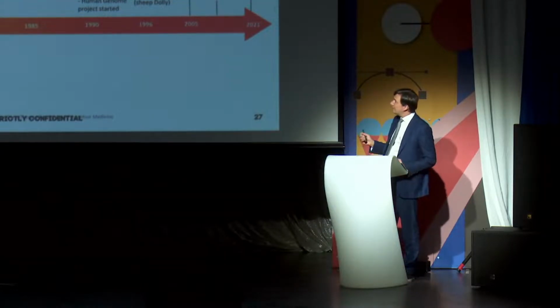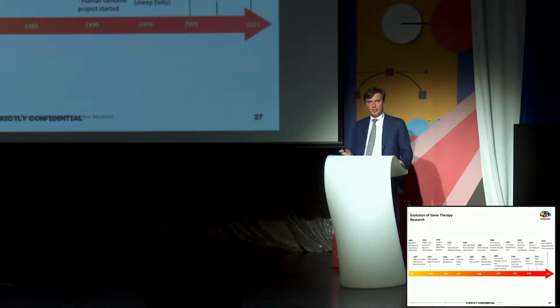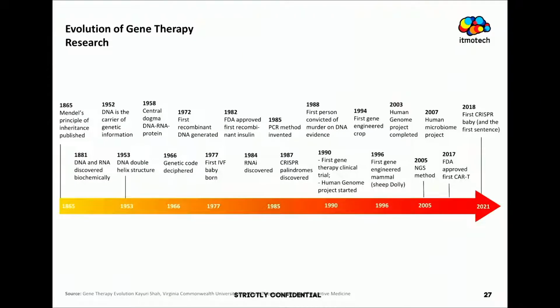The dates I want you to remember are 1953, when the DNA double helix structure was discovered by Jim Watson and Francis Crick, and then the central dogma of DNA going into RNA, and then RNA translating into protein. This was discovered in 1958. So this is relatively not that long ago.